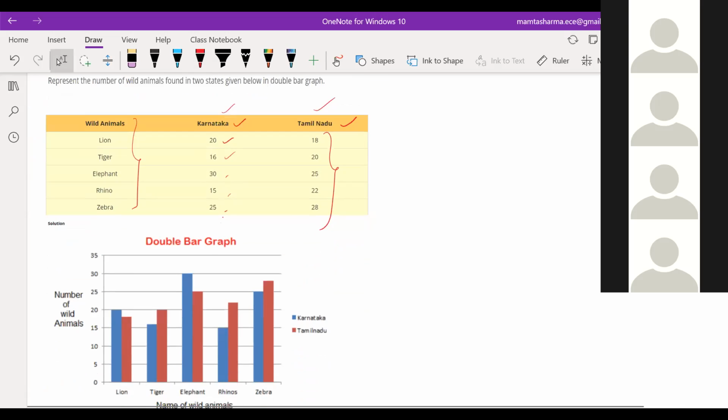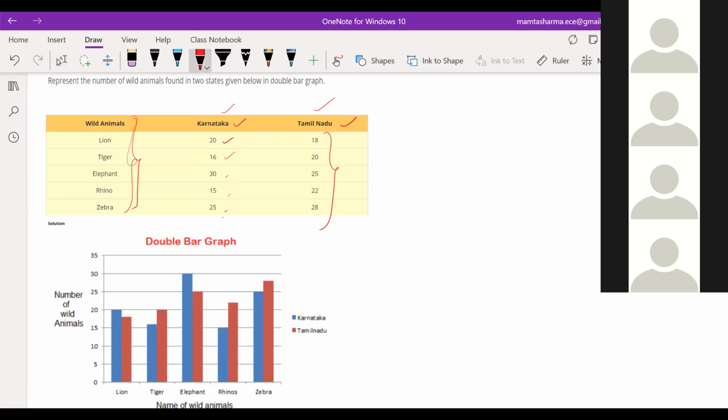In this type of graph, on the x-axis the wild animal names will be the same for Karnataka as well as Tamil Nadu. On the y-axis, the number of wild animals will be listed.